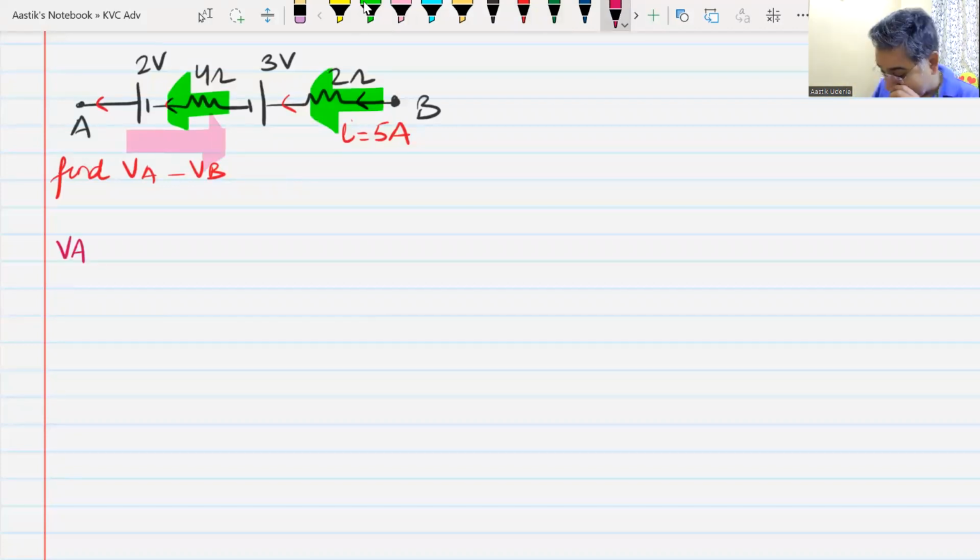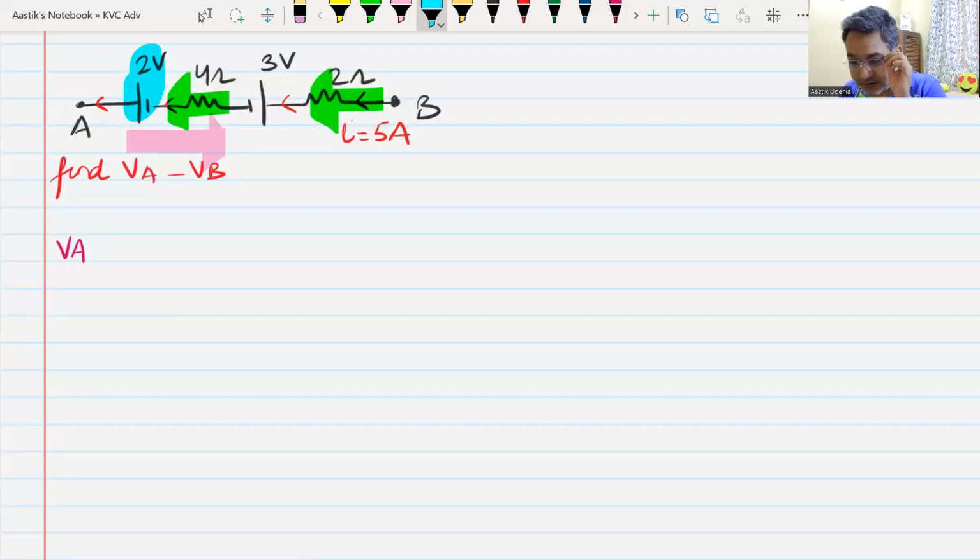The first thing I do is go across this battery, from the positive terminal to the negative terminal, from high to low. So potential will rise or drop? Drop, sir. So -2. Do we understand how I have done this?